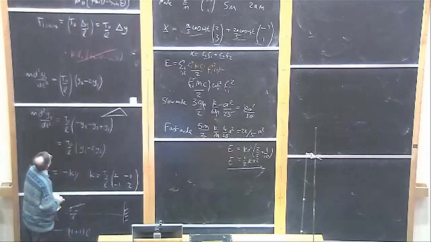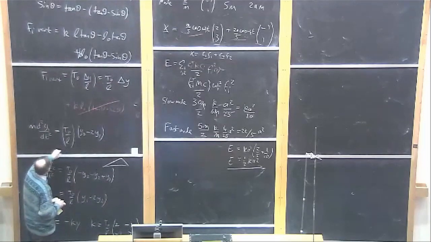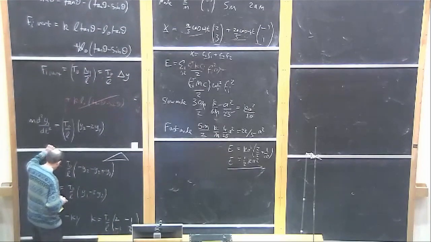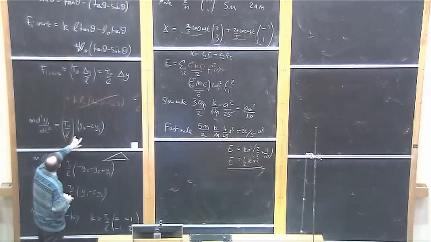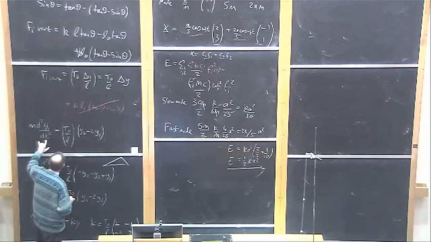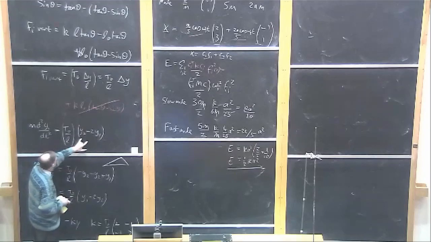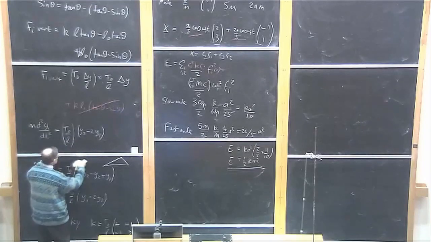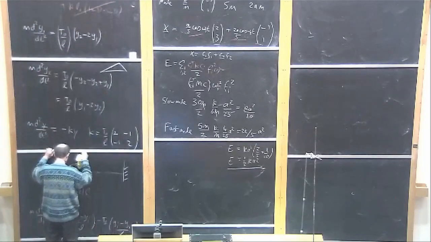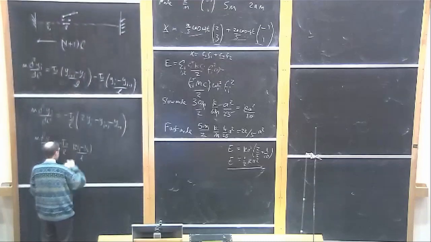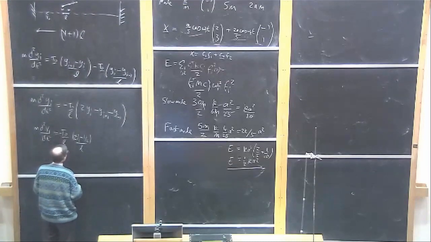The mass right next to the end wall has this equation of motion. So for y1, we just literally get that equation again, which is that one.